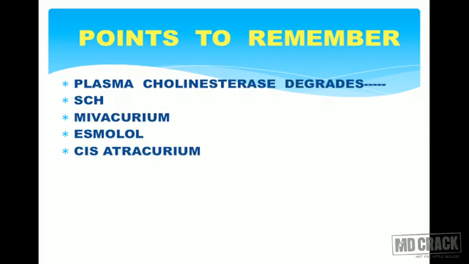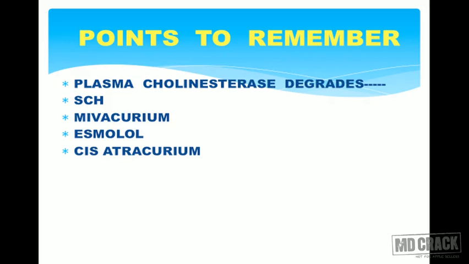The second one of the important points which I want you to make a note of is plasma cholinesterase. This degrades which of the following drugs? Just as I have mentioned during my lectures, succinylcholine is being degraded by plasma cholinesterase, that is, it is metabolized by plasma cholinesterase. The other muscle relaxant which is being metabolized by plasma cholinesterase is mivacurium.